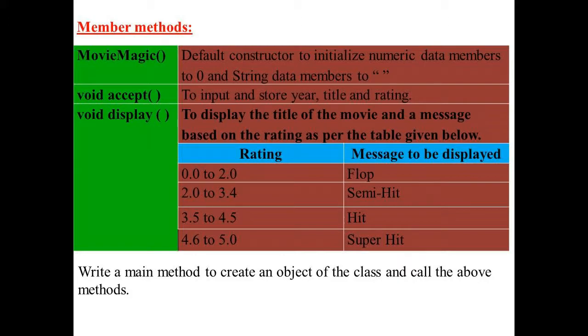Second one, void display to display the title of the movie and the message based on the rating as per the table below. Rating 0.0 to 2.0, message to be displayed: flop. 2.0 to 3.4, semi-hit. 3.5 to 4.5, hit. 4.6 to 5.0, super hit.